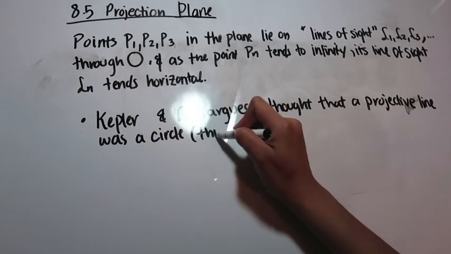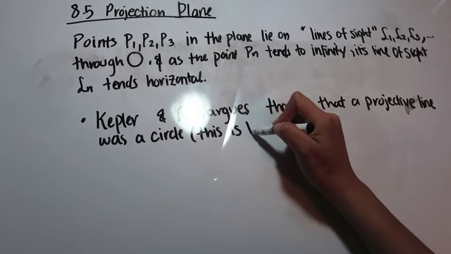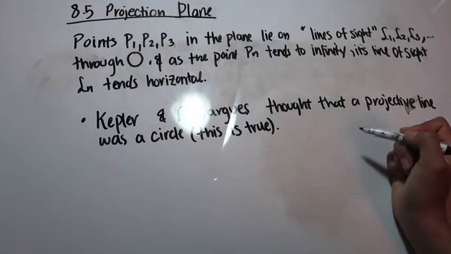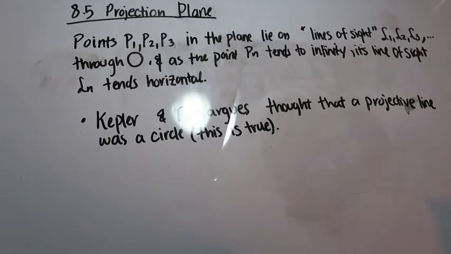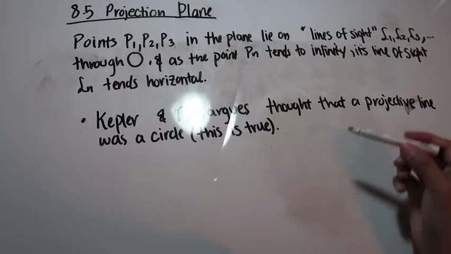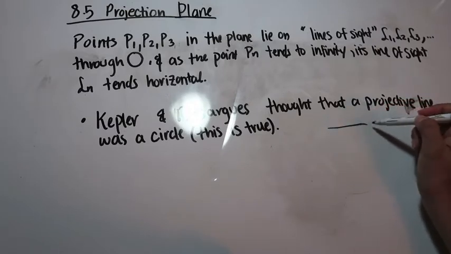And this is actually true. So when I read this, it was really hard to understand how we get a line and just convert that into a circle.